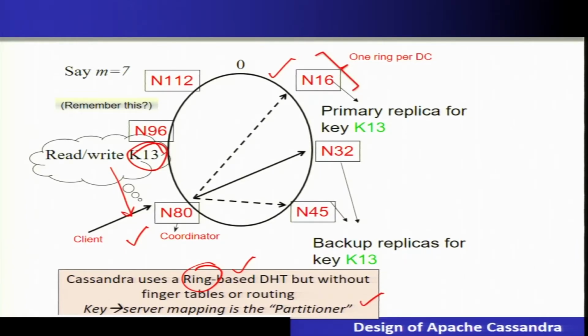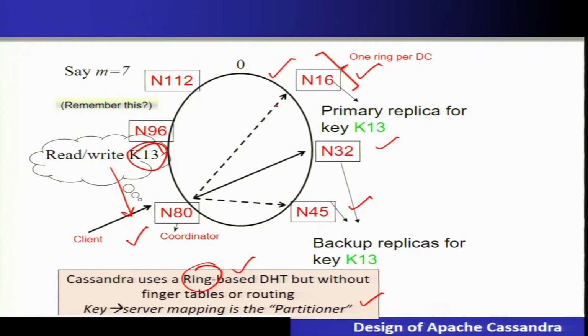The data stored here in the form of a ring is also replicated. So for the key, the primary copy will be in the N16 node, and the next node, N32, will have its secondary replica, similarly N45. So there are three different entries.